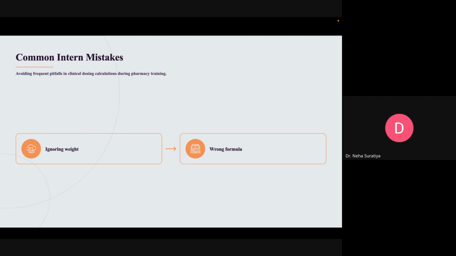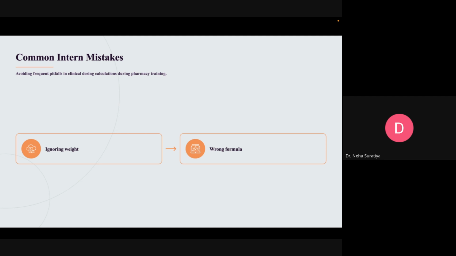Sometimes interns, students and healthcare professionals have a very simple thing fixed in their head, that only estimated glomerular filtration rate is the only parameter that can show you the whole picture of the kidney, right? But it is wrong. For renal impairment dose calculation, you need creatinine clearance, not eGFR. So using eGFR instead of CrCl is also one of the mistakes.